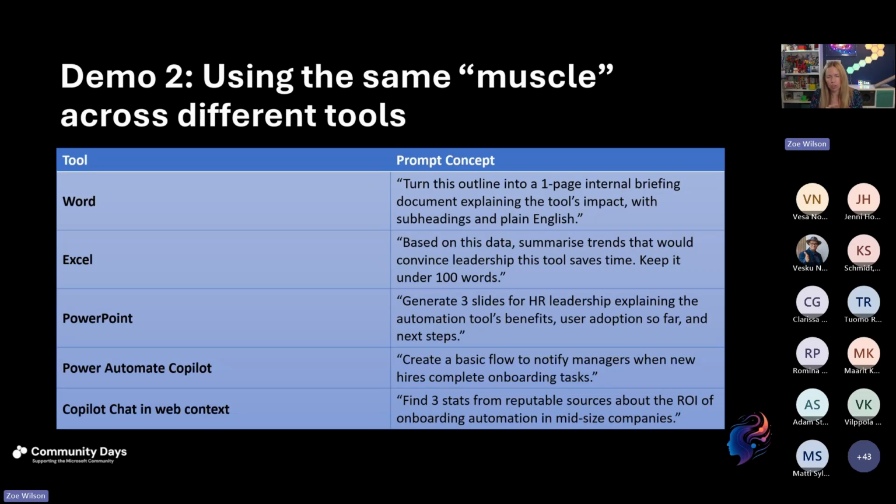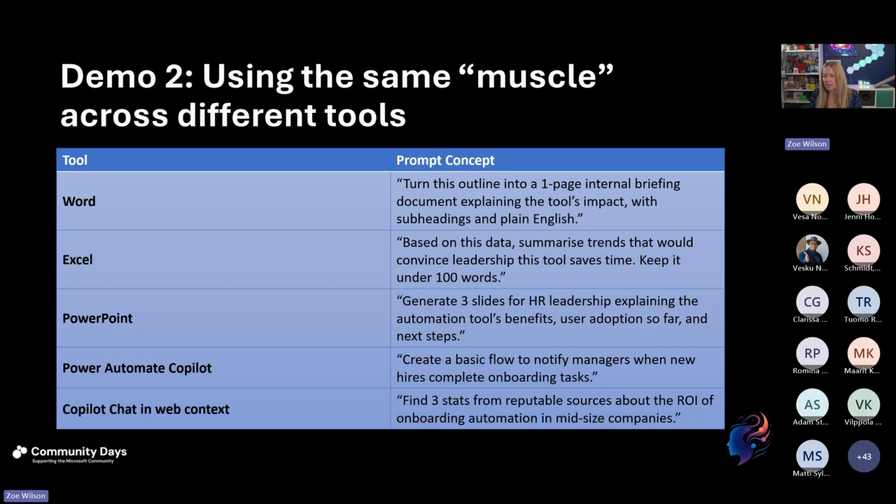And in Word, I could ask it to turn this outline into more of an exec summary, explaining the tool's impact using plain English. In Excel, I could give it the data and ask it to summarize trends that are going to convince leadership that this tool saves time. And again, I can give it instructions on the way that I want that response back.